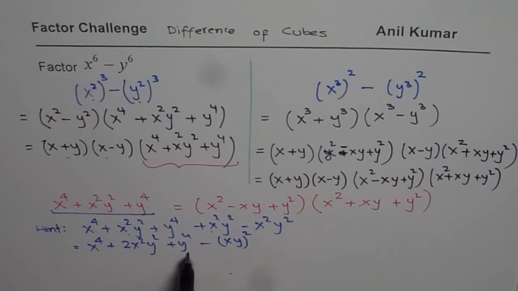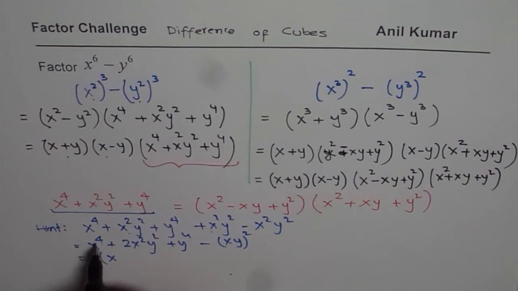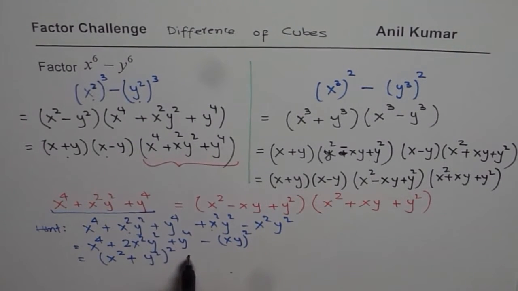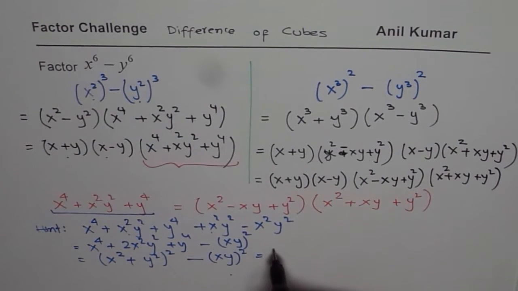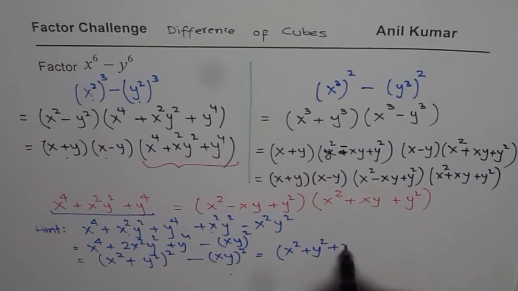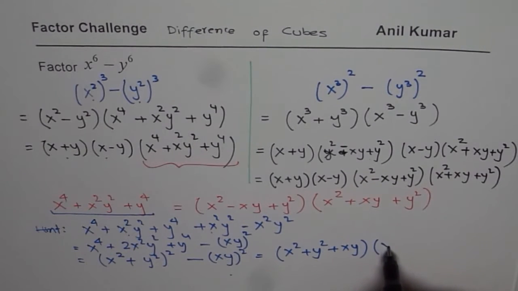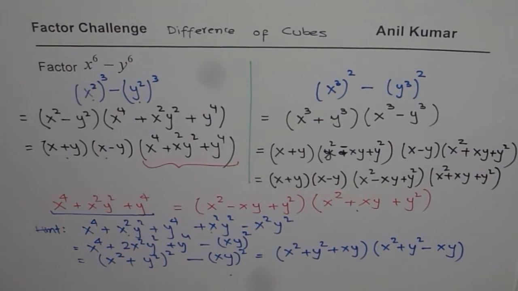Now this is a perfect square, right? So I could write the left side as (x square plus y square) whole square minus (xy) whole square. This can be factored as x square plus y square plus xy times x square plus y square minus xy, which is same as your right side. Do you see that?